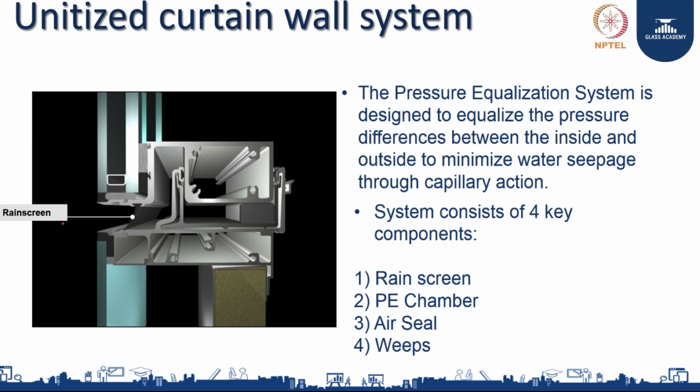You are applying pressure outside because that is a natural pressure created by wind and other factors. Then internally, what happens? There is a suction because you created a barrier. The barrier is your curtain wall. If you make a curtain wall too rigid or too sealed, what will happen?